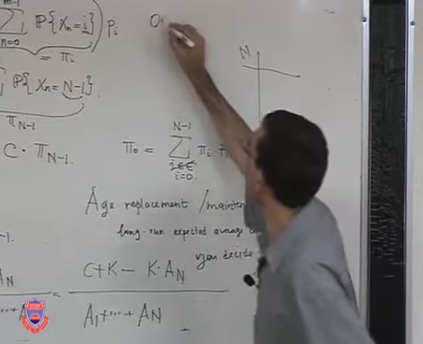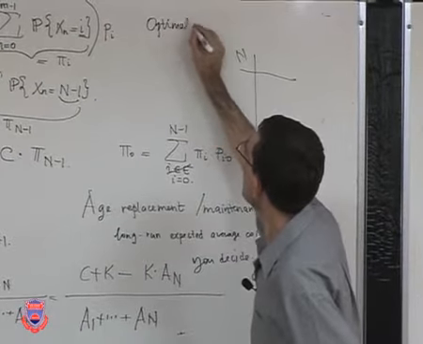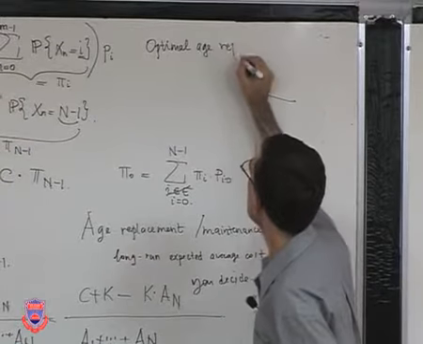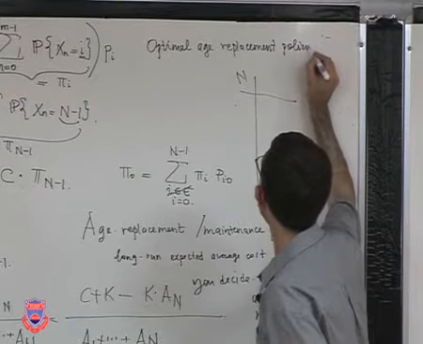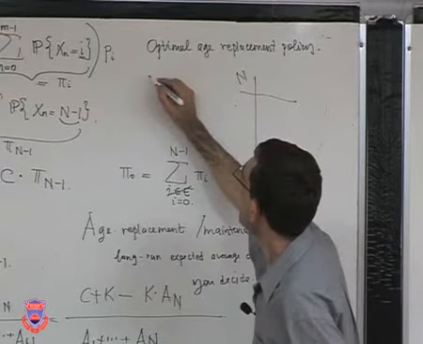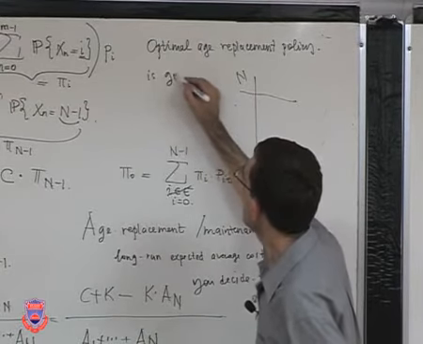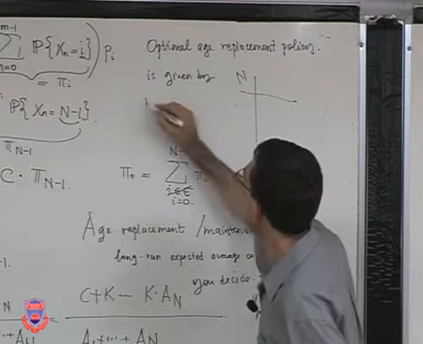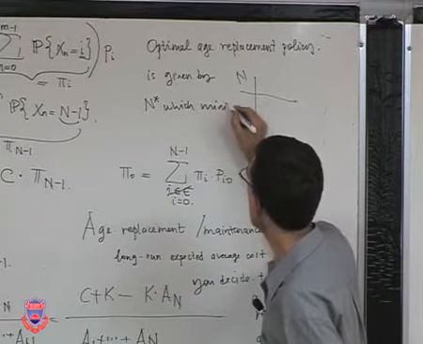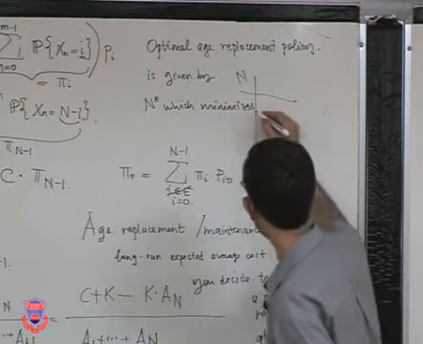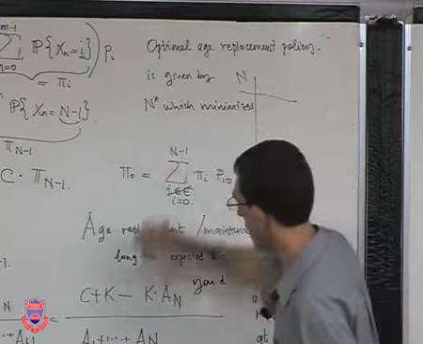It is given by n star, which minimizes this formula.